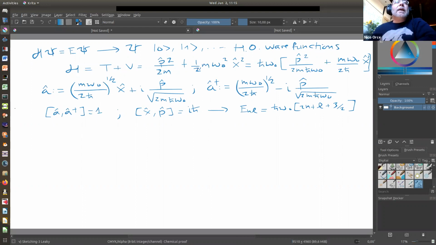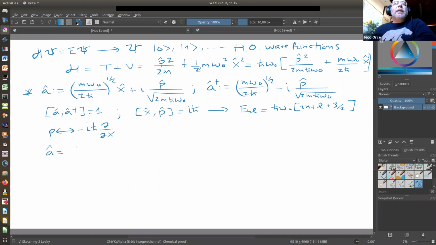Remember that P in quantum mechanics is minus i h bar times the partial derivative with respect to x. Let's substitute all these things in A, the annihilation operator, and then at the end we have A dagger, which will be very similar.